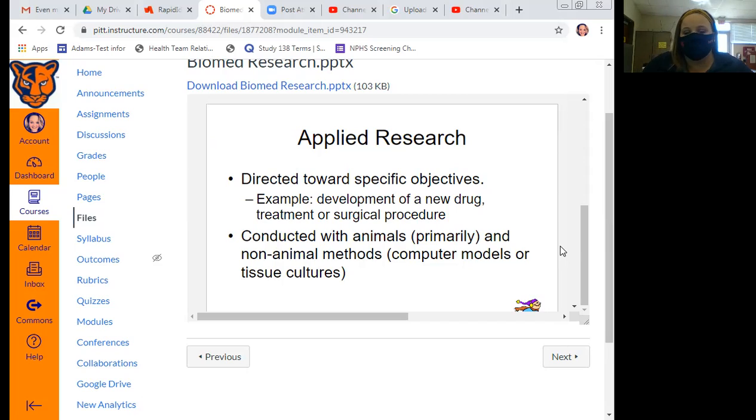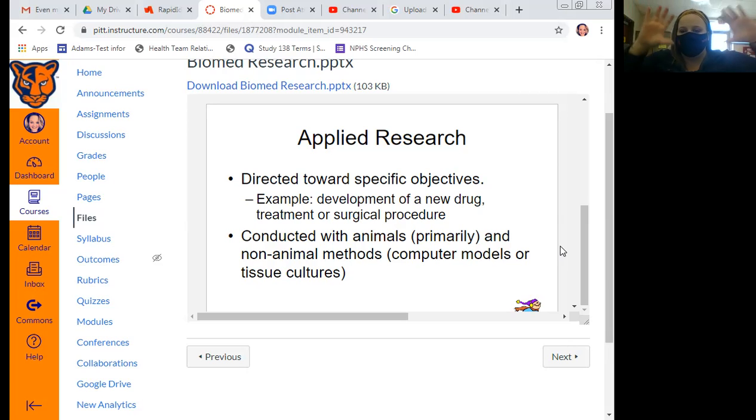So, you'll see here that the example they give is the development of a new drug, treatment, or surgical procedure. That is what you have to have in applied research. You have to either be developing a new drug, developing a new treatment, or developing a surgical procedure. And it's very specific. So in basic research, we're kind of all out here.